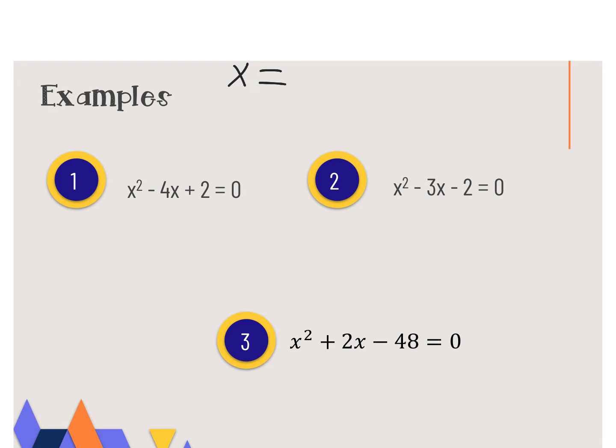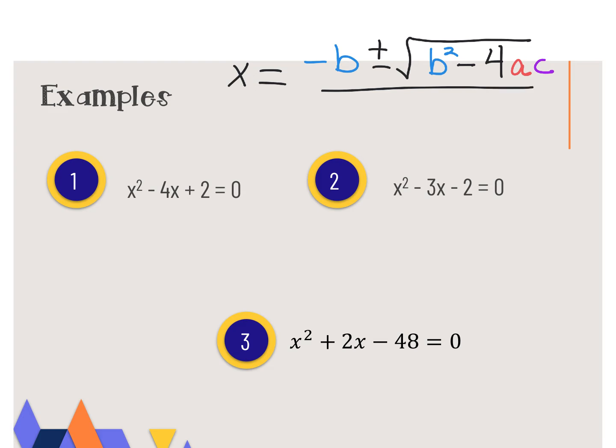And then it's the opposite of b, or negative b, plus or minus, and then the square root symbol. And then you're going to square the b. You're going to subtract 4 times a times c. And this is all divided by 2 times a.